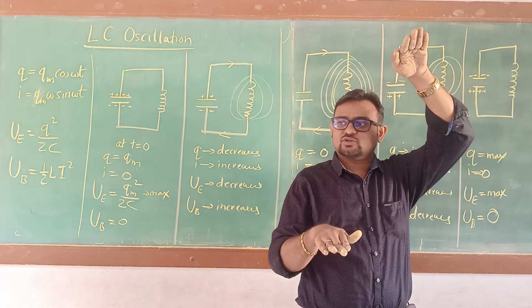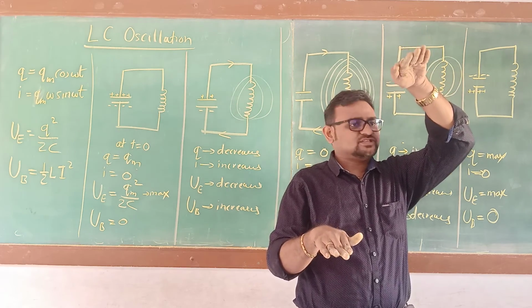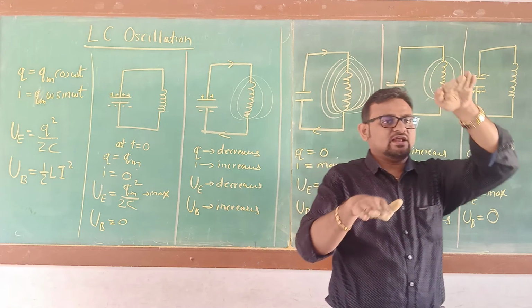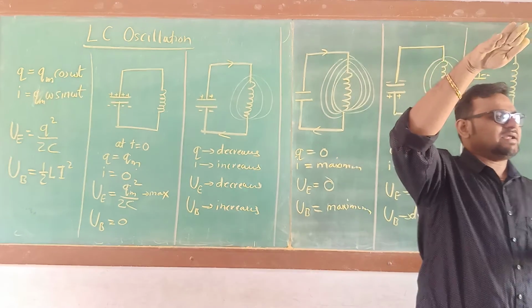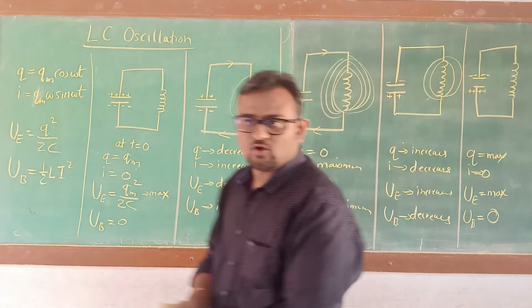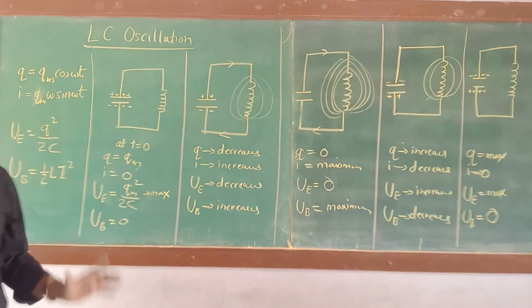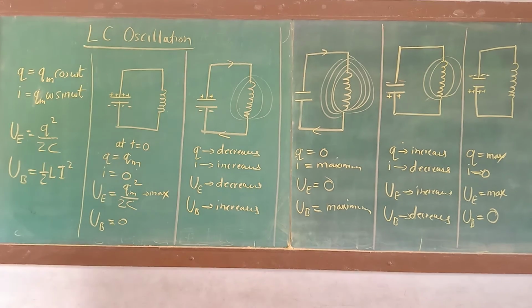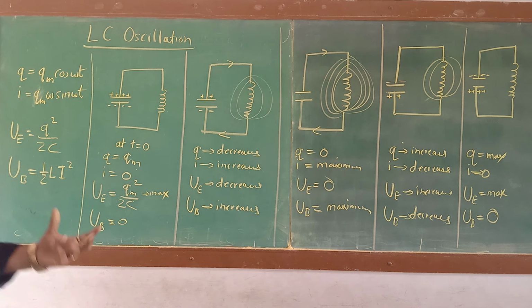Now it reverses, so the polarity of the capacitor plates, the charge on them also reverses, and again it takes place in this way, and magnetic field energy becomes 0 and electric field energy becomes maximum. Okay, and after this the cycle repeats. So this is how the LC oscillation takes place in the circuit. Here, just note down these steps.